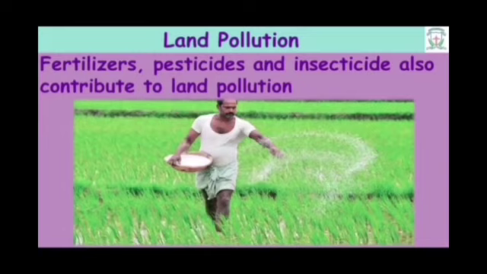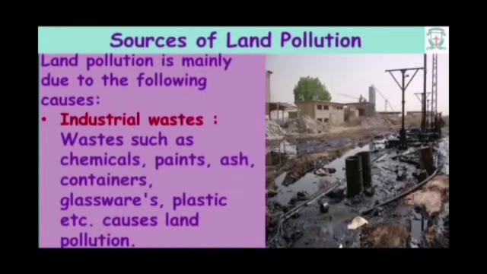Sources of land pollution. Land pollution is mainly due to the following causes. First, industrial waste. Waste such as chemicals, paints, ash, containers, glassware, plastic, etc.